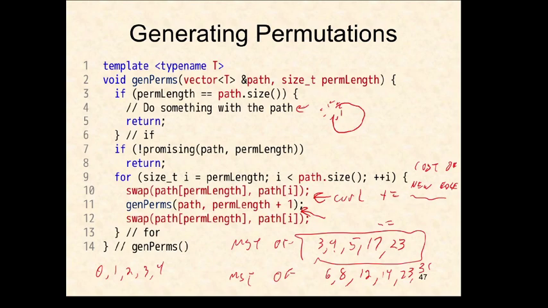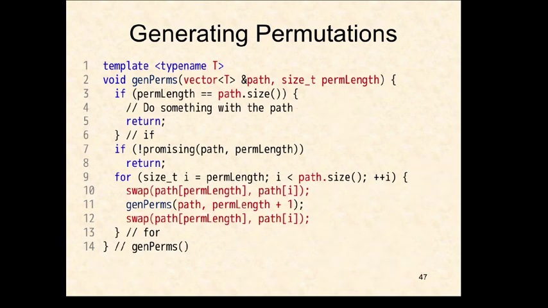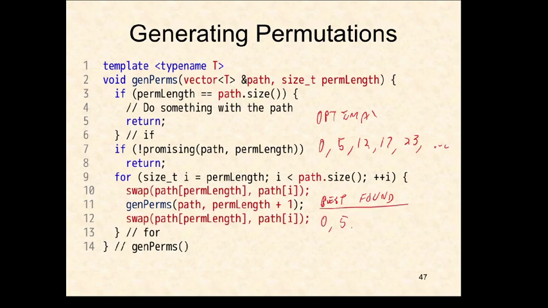Like if, for example, I were to tell you that the optimal path starts out, and you've got the sample output, an optimal path that starts out 0, 5, 12, 17, 23, blah, blah, blah, and your incorrect path, your best that you found, is 0, 5, 12, 14, blah, blah, blah.